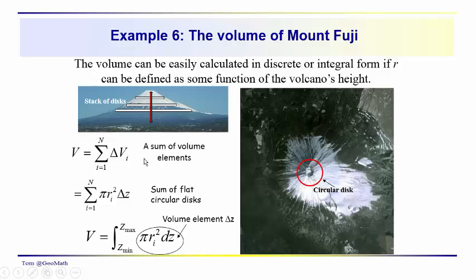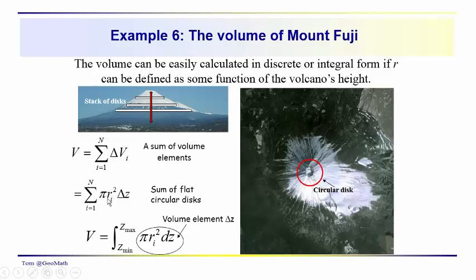So in a discrete sense, we'd have a volume, which would be the sum of the volumes of each of these disks from the base at some elevation all the way to the top of the volcanic cone up into the caldera here.